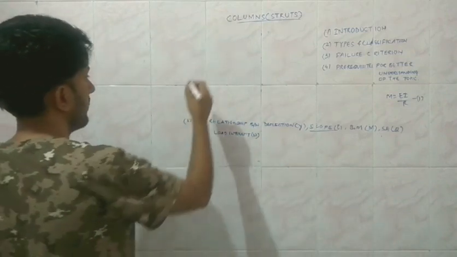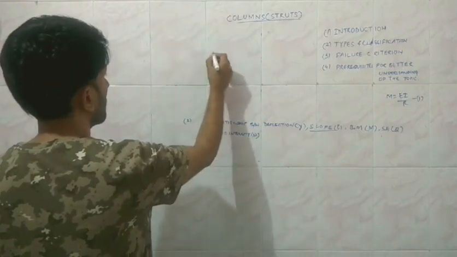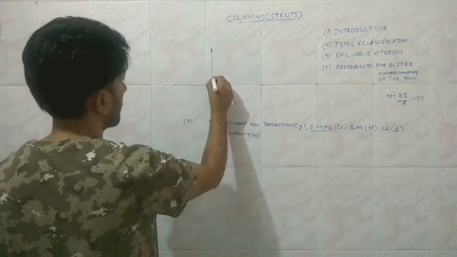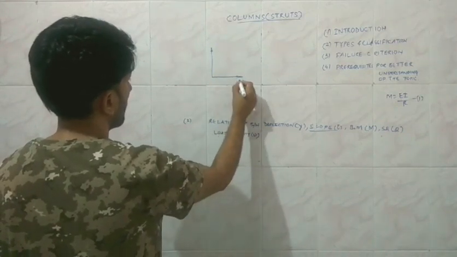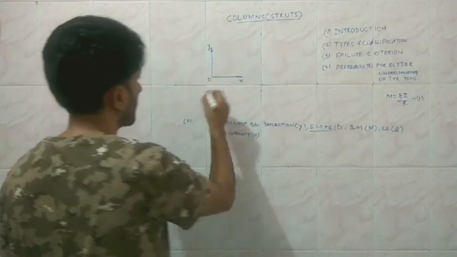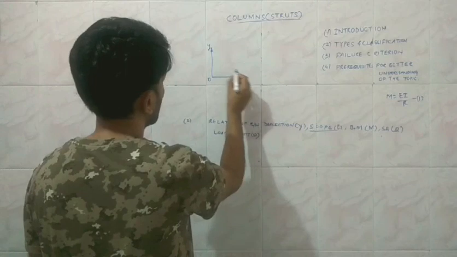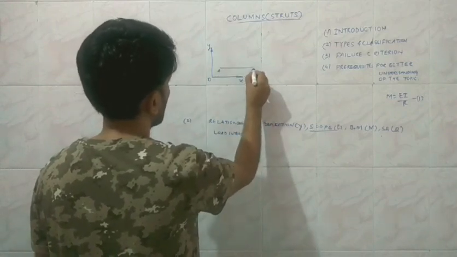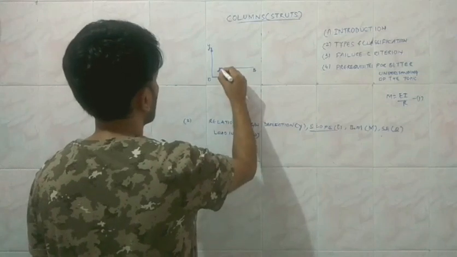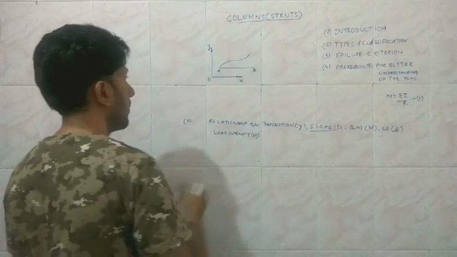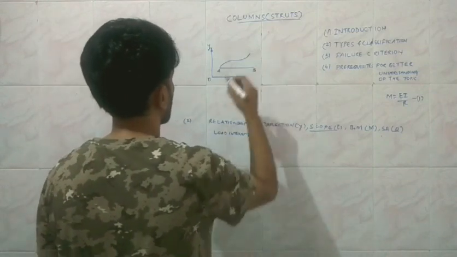Consider a beam. The coordinate system we have chosen is a left-hand side coordinate, say this is your x-axis and this one is your y-axis and this is the origin. Within this we have chosen the length of a beam AB, and say on loading it is being deformed like this.